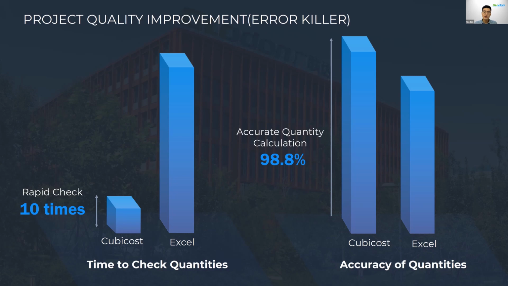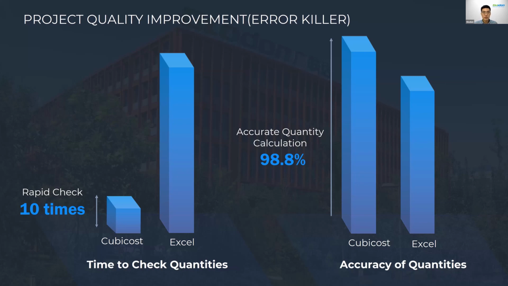Compared with the traditional method, the BIM method is actually more accurate. Why? Because all the calculation is done by the software, by the technology. With the embedded measurement rules, it almost never makes mistakes. So that's the reason. And what's more, it saves lots of time and gives us more time to do more valuable jobs.